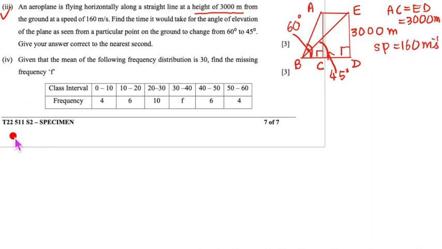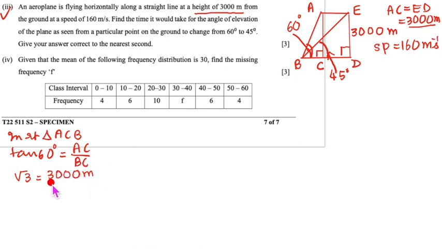So let us start with the right triangle. We'll take the small triangle first, ACB. We will take tan 60 degrees equal to opposite, that is AC, upon adjacent, that is BC, and so we will have tan 60 is root 3 and AC is the vertical height, which is 3000 meters upon BC.